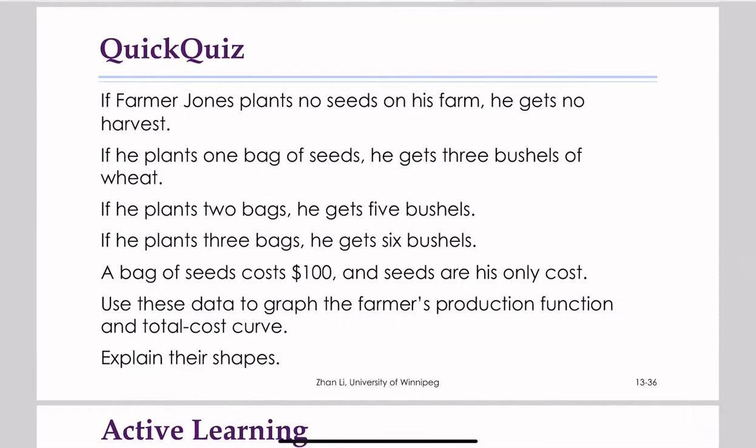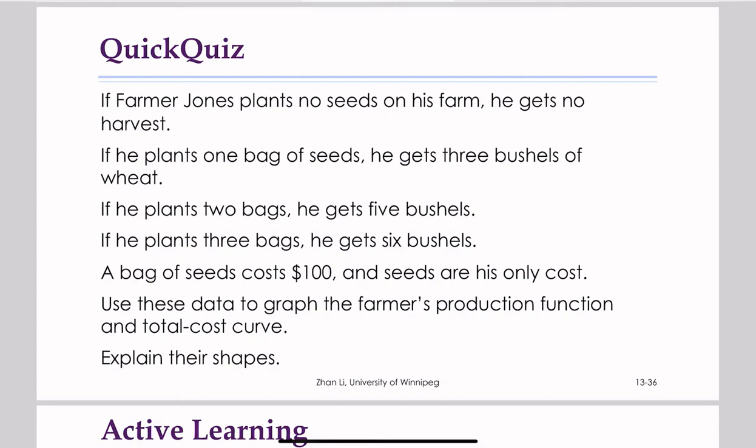So if Farmer Jones plants no seeds on his farm, he gets no harvest. If he plants 1 bag, then he gets 3 bushels of wheat. 2 bags, 5 bushels. 3 bags, 6 bushels.